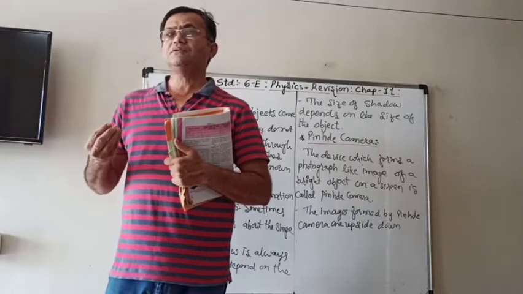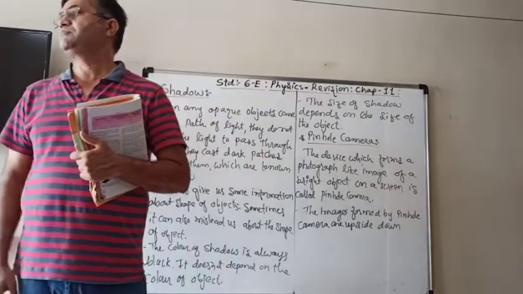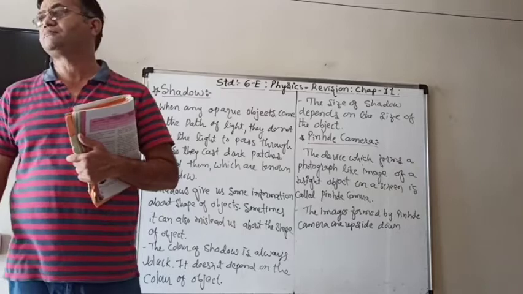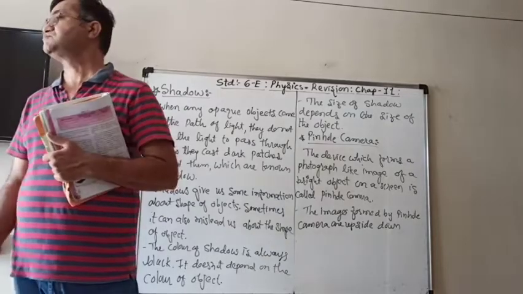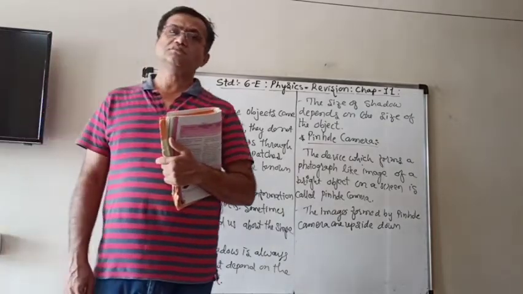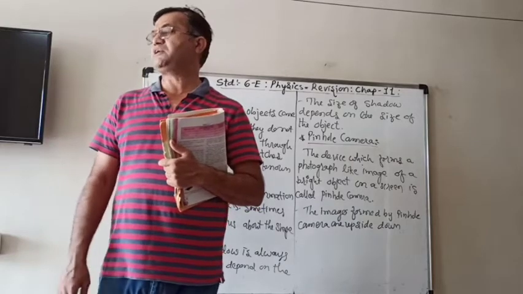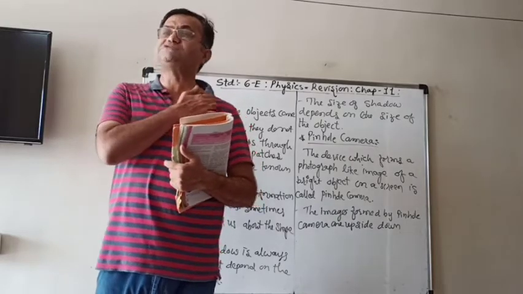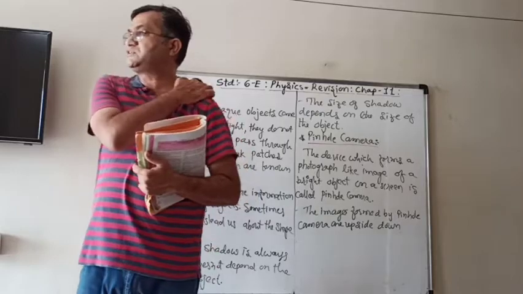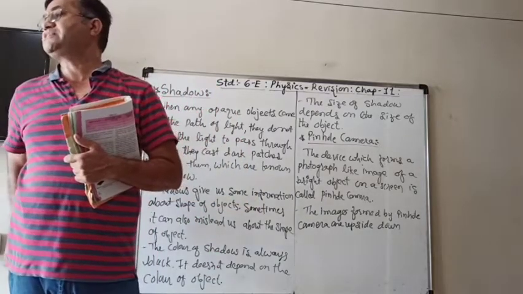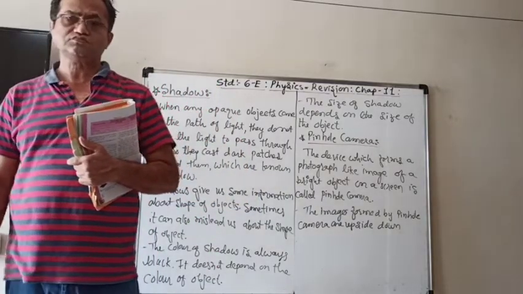Generally, we know that the rays of light are passing through the air. Now, air is transparent, so it allows the light to pass through it, and we cannot see a shadow of it.